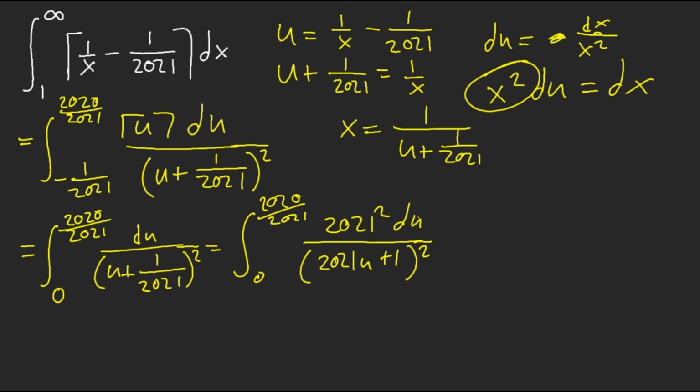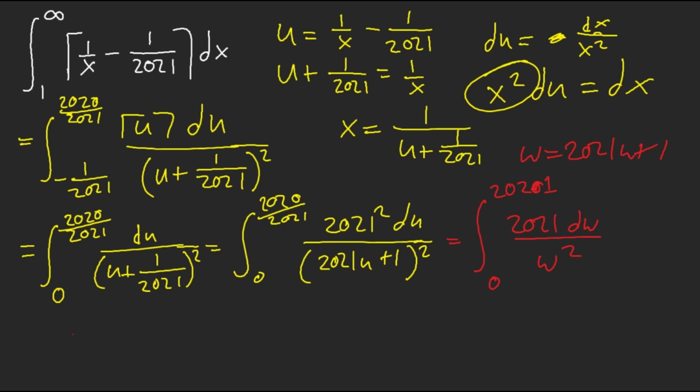Okay. And then let w equal 2021u plus 1. And we will end up getting 0, 2020. Oh wait, 2020 plus 1. Oh, 2021. Okay. And then we end up with 2021 left over here. dw over w squared.